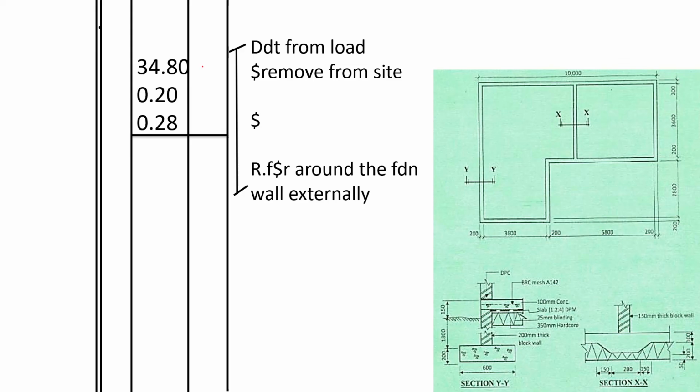Then the width of the reinstatement is 0.20 because it's the spread on the outside. Then the depth of reinstatement, remember we had stripped 150, then we reduced the level by 125, so the total shall be 0.28. So this is the volume of soil that we shall remove from cutaway, then we add to the return, fill and ram around the foundation wall externally.